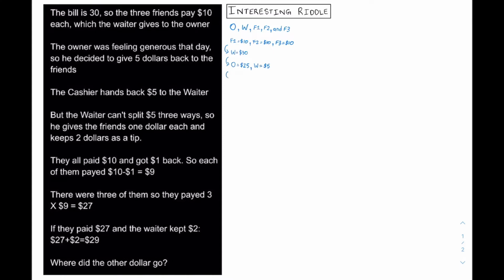After this, the waiter keeps $2 of the $5 that he's given and gives the remaining $1 to each of the friends. So that leaves us with the O equaling $25, W equaling $2, and then each of the friends having $1 each, as we can see with this notation.